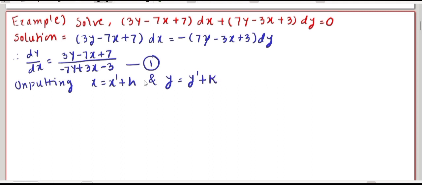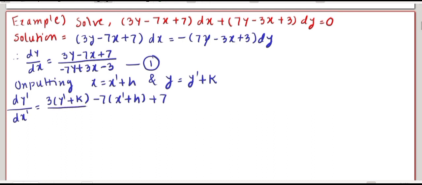Then equation 1 becomes dy dash by dx dash is equal to, putting the values of y and x, 3 times y dash plus k minus 7 times x dash plus h plus 7 divided by minus 7 times y dash plus k plus 3 times x dash plus h minus 3.